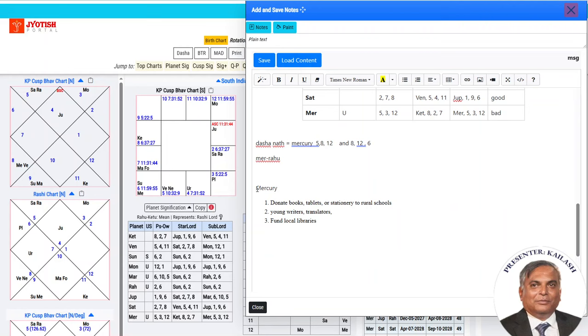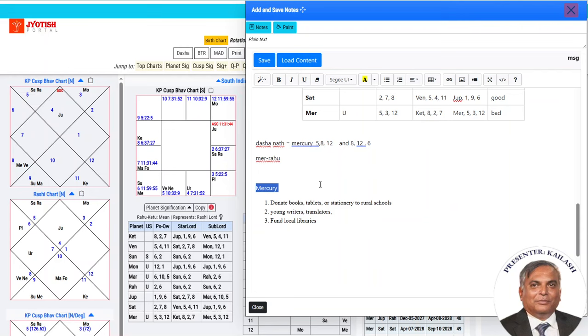First we have to do the remedy for the Mercury, which is the Mahadasha now. It could be good, bad, neutral, it doesn't matter. It is a good idea that when the Mahadasha starts, then some donation related to the nature of that planet should be done.